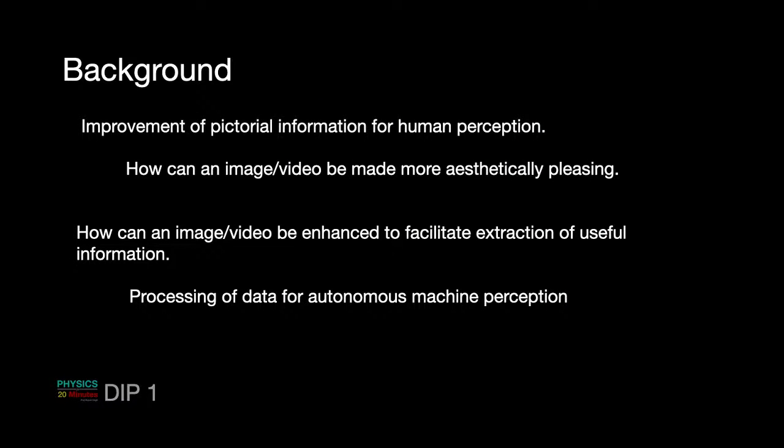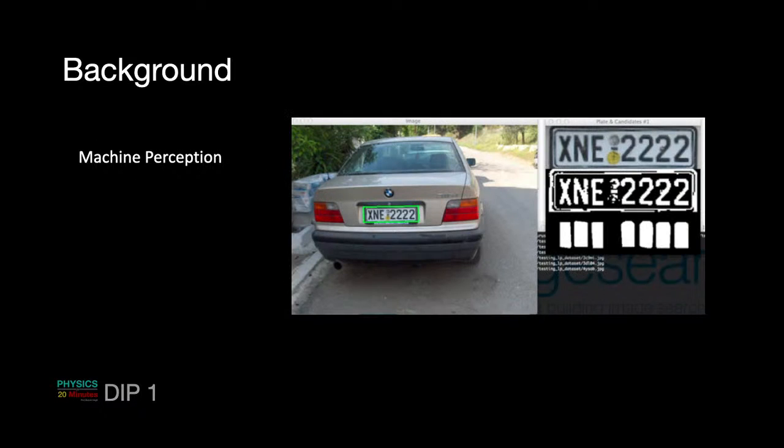The other advantage is for the machine perception. So one of the things that happens in India or in Mumbai also, that reading of car number plates happens automatically by using camera capture. Suppose that there are many signals and suppose you jump the signal, the camera captures your car image.